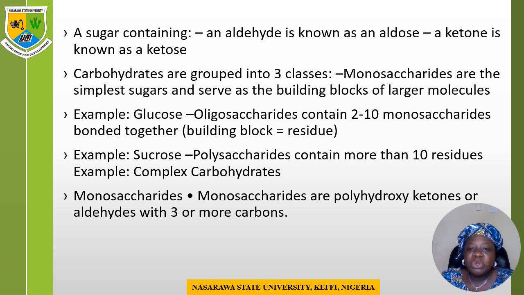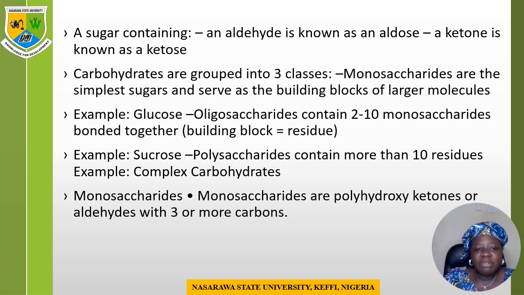Carbohydrates are grouped into three classes. Monosaccharides are the simplest sugars and serve as building blocks of larger molecules. An example of a monosaccharide is glucose. We also have oligosaccharides containing 2 to 10 monosaccharides bonded together.